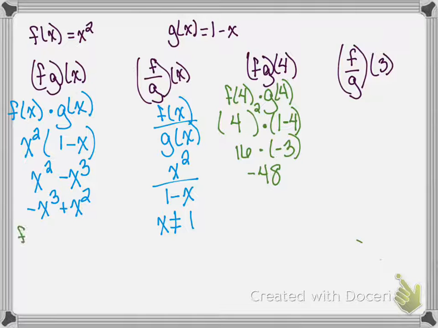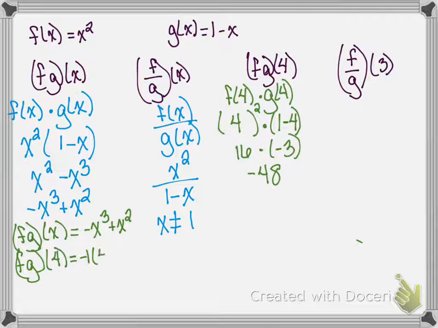Now, we also know that f times g of x is equal to negative x to the third plus x squared. So I can find f times g of 4 by plugging that in.